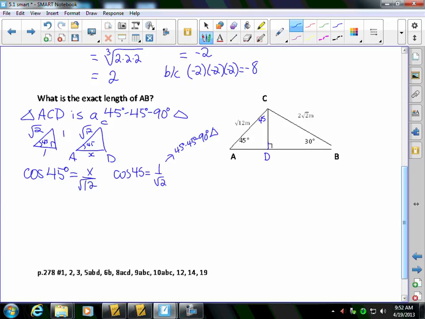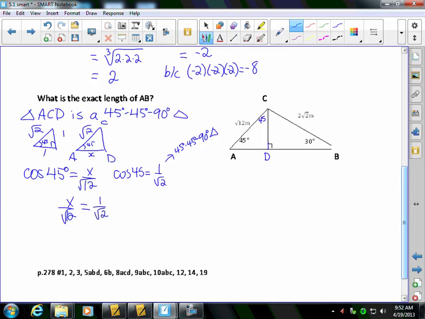So if cos of 45 is equal to x over square root 12, and cos of 45 is equal to 1 over square root 2, that means those two equal each other. X over square root 12 equals 1 over square root 2.